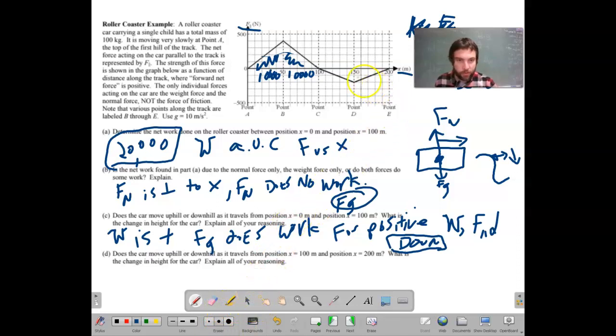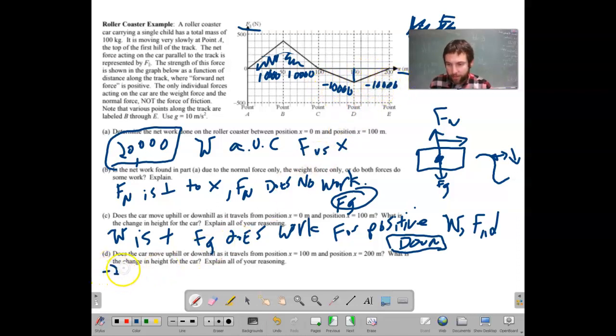What about from 100 to 200? What is the change in height for the car? Explain your reasoning. Let's first figure out how much work is being done here. We have this triangle and that triangle, both right triangles. So 50 times 200 is negative 10,000, and then negative 10,000.